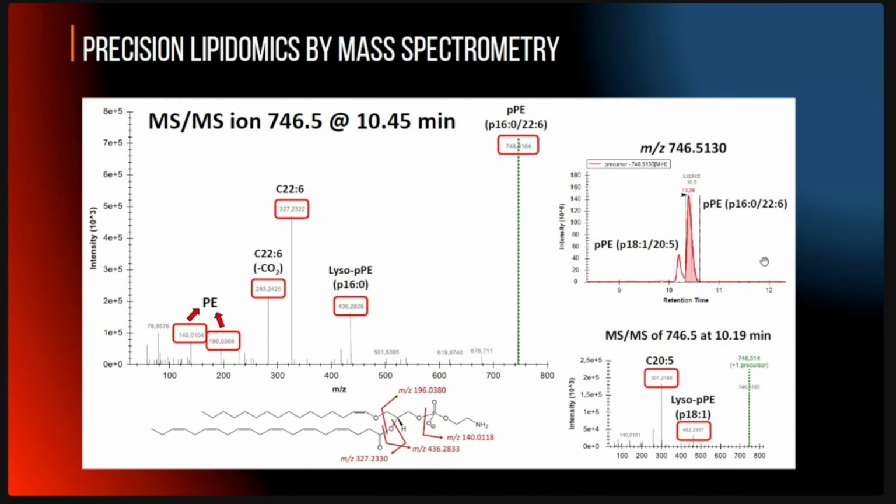For example, here in this chromatogram, you see 2 peaks with the exact same mass, and 2 MS-MS spectra, one for each peak. The peak on the right, shown in the red area, is this compound, where we can see not only the precursor ion but also the fragments.